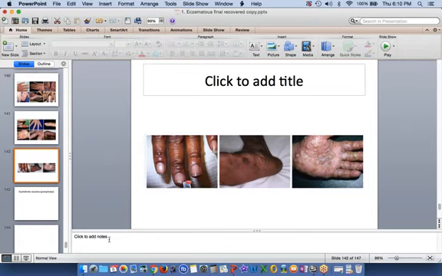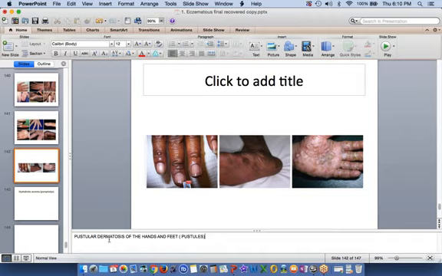Now, there's a condition that you need to know. It's actually called pustular dermatosis of the hands and feet, which resembles dyshidrotic eczema, but there's usually pustules.